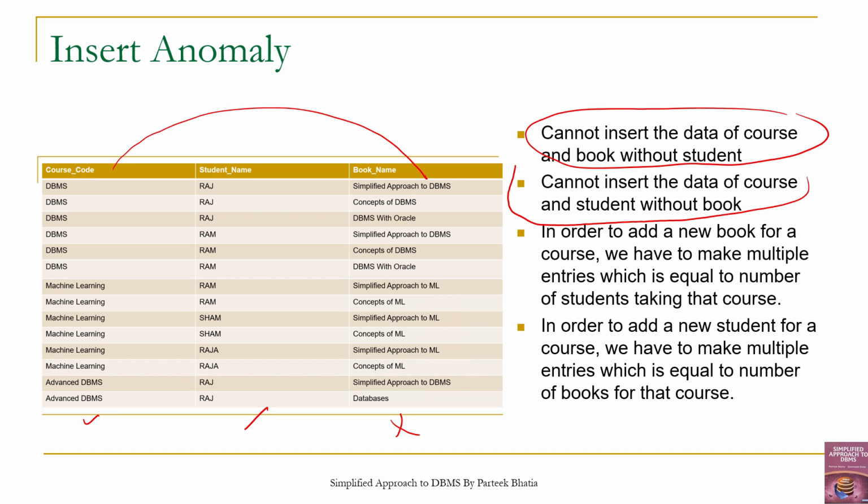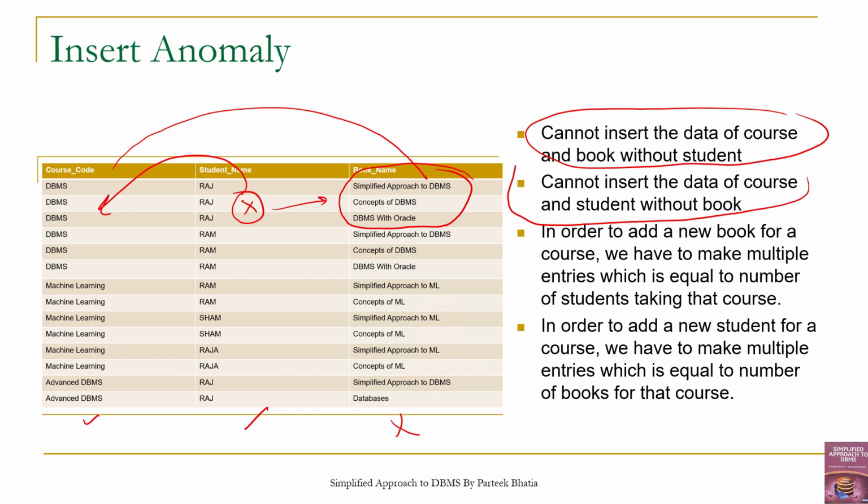Now this database also has a very unique insert problem. Let's suppose a new student X joins a particular DBMS course. There are three textbooks available for this DBMS course. It means that I have to make the insertion for this particular student X three times: one for simplified approach to DBMS, second for concept of DBMS, and third for DBMS with Oracle.